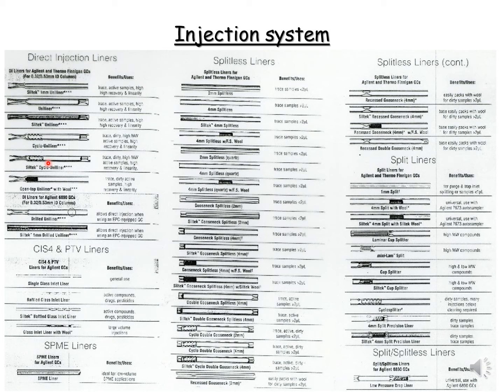Here is just an example of a catalog of different liners. You see that each liner is described here with a schematic representation.